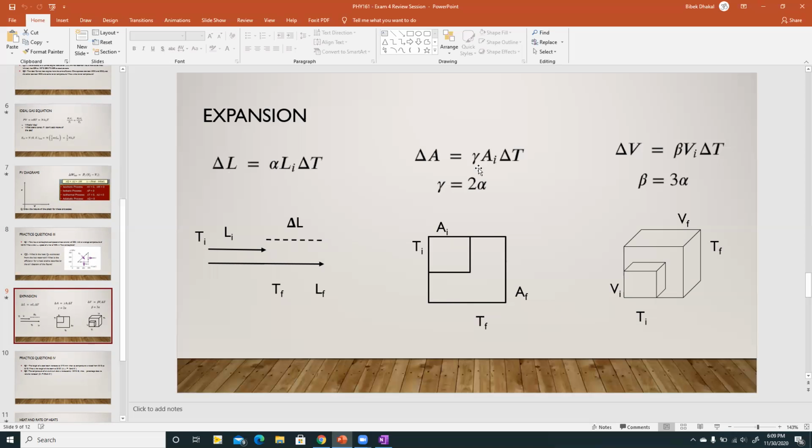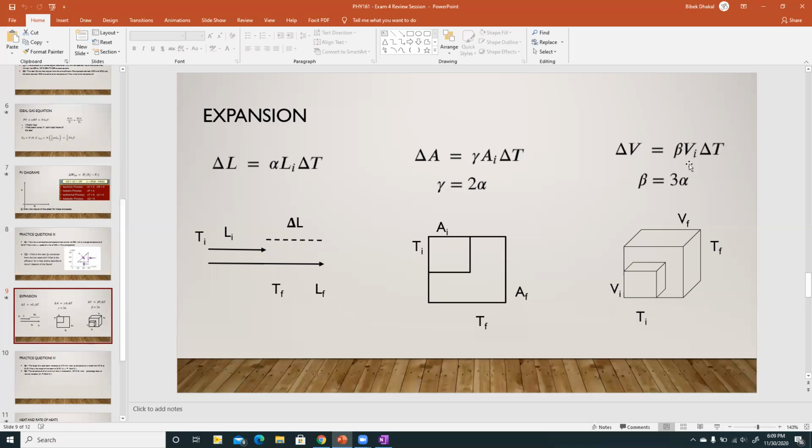The change in the area is given by gamma. Gamma is also the coefficient of thermal expansion for area, and gamma will be 2 times alpha. That's the important thing, 2 times alpha. Ai is the initial area, and delta T is the temperature change.